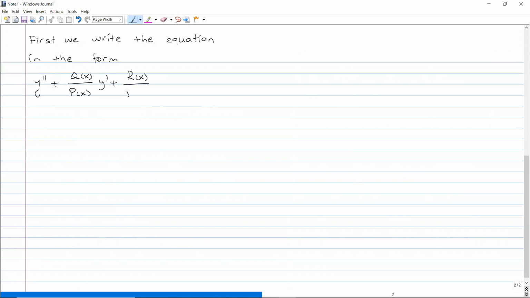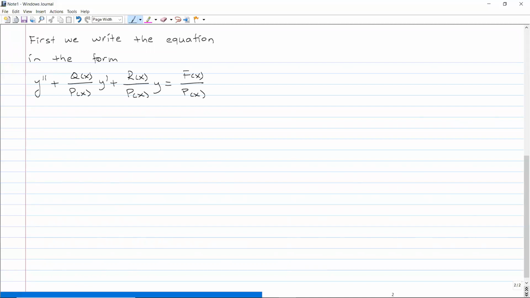Okay, so first, we write the equation in the form where we need the coefficient of the highest derivative of y to be 1. So we divide by the function p. So y double prime plus q of x over p of x times y prime plus r of x over p of x times y equals f of x over p of x.